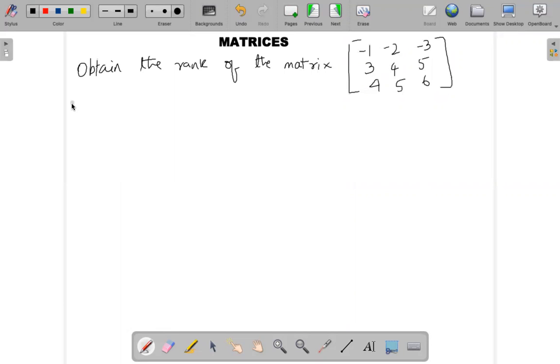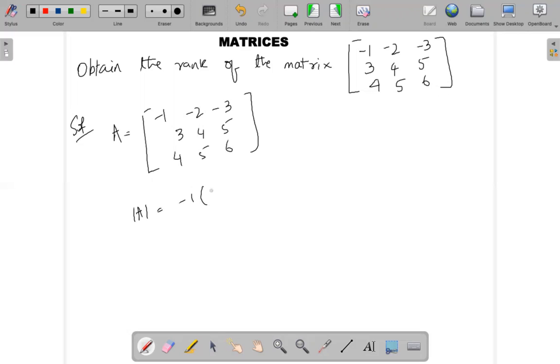So let us find the rank of this matrix. Again, let us call this A: [-1, -2, -3; 3, 4, 5; 4, 5, 6], and the determinant of this is -1 into (24 minus 25), plus 2 into (18 minus 20), and minus 3 into (15 minus 16).